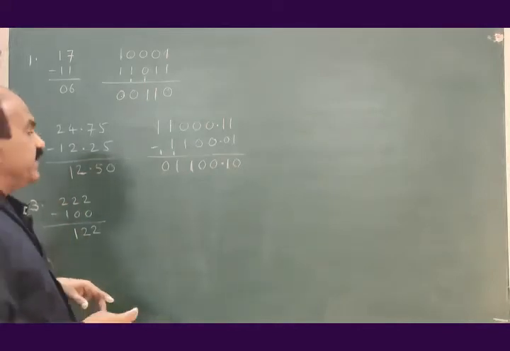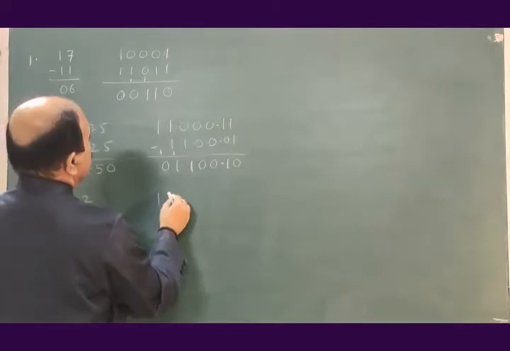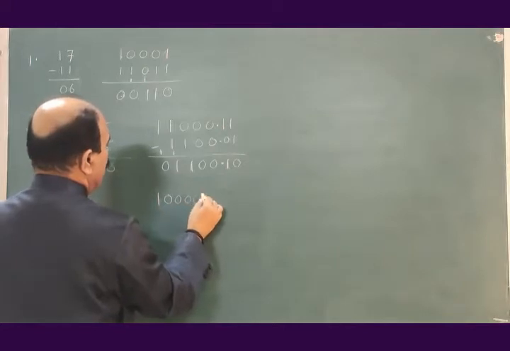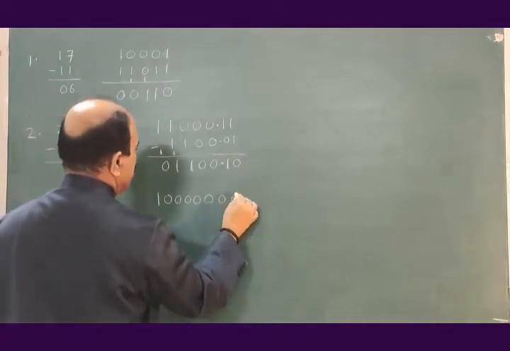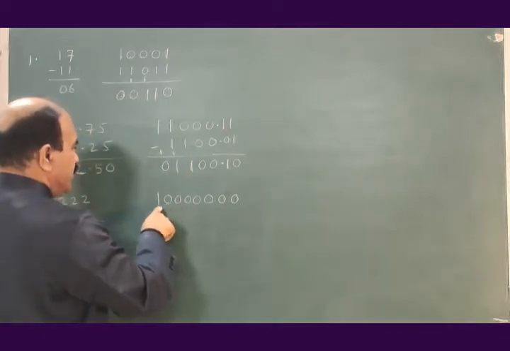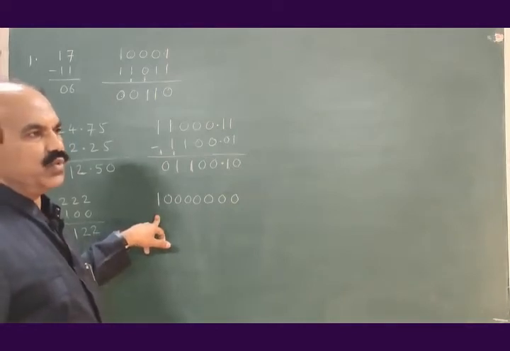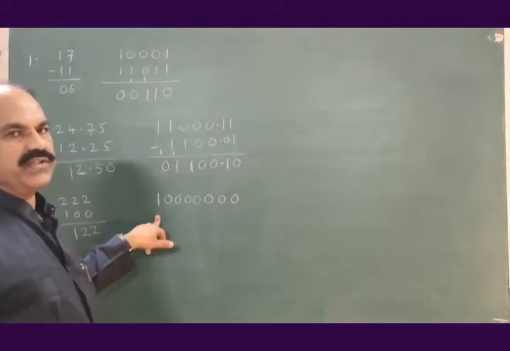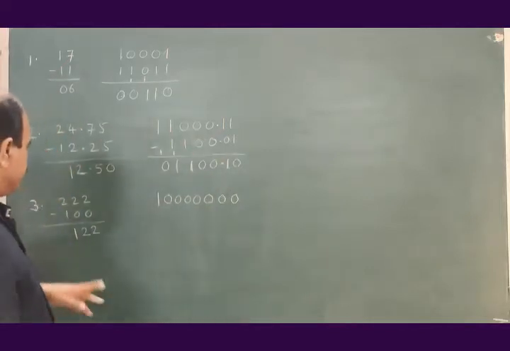How to write 128? 1 followed by 7 zeros. 2 to the power 0, 1, 2, 3, 4, 5, 6, 7. 2 to the power 5 is 32, 32 into 2, 64, 64 into 2, that will be 128. So correct, it is 128.